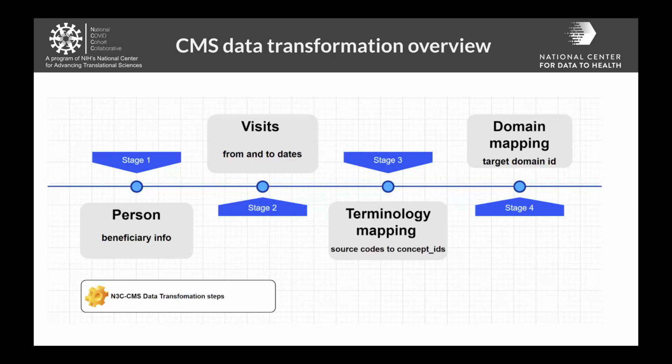And then we take all of the codes that exist in the claims data, whether it's diagnosis, procedures, HCPCS or CPT codes, and we translate them into OMOP concept IDs. And when we do that, it lets us know where we should place that particular data in which domain, or in other words, which table within OMOP CDM. So that's the process we have taken. Next slide, please.